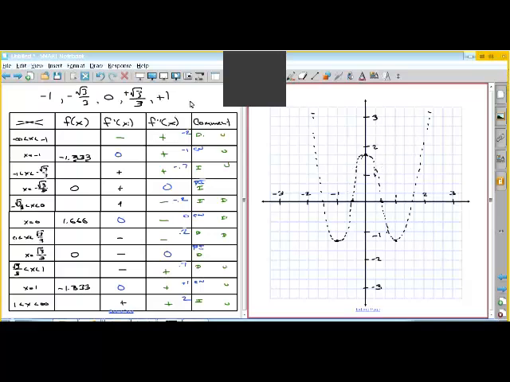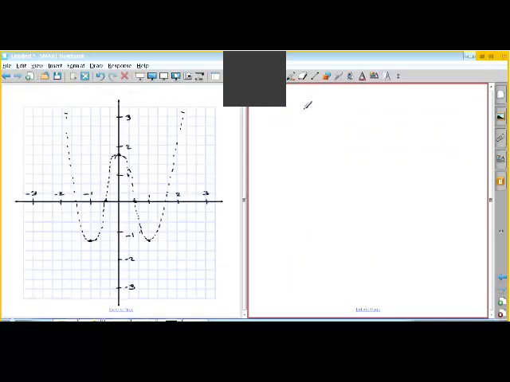The only thing we don't have is the zeros, so let's go ahead and do that. We're actually going to use this information to calculate the other two zeros. We know that f of the square root of 3 over 3 is equal to 0. And we know that f of negative the square root of 3 over 3 is equal to 0.